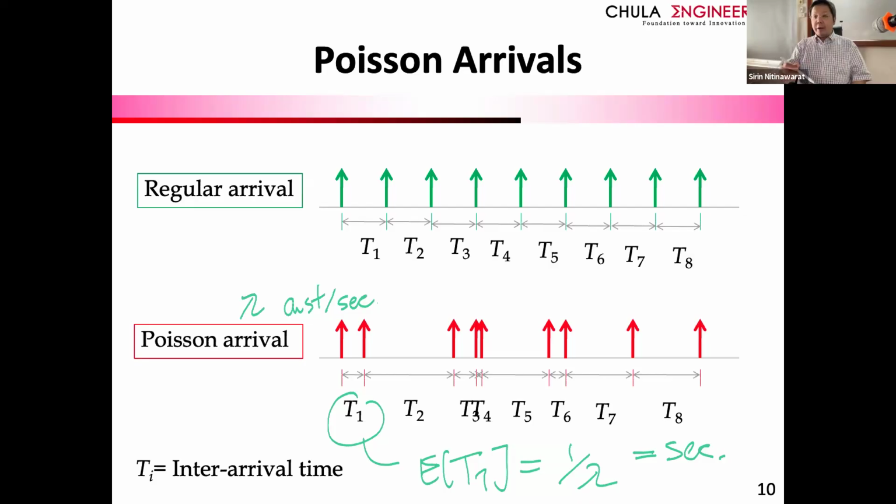So by knowing lambda, knowing the description of the Poisson process, I should be able to verify that the mean of each inter-arrival time should be 1 over lambda. But that's not everything, because I need to specify the distribution. So what form should the distribution take for the inter-arrival time?